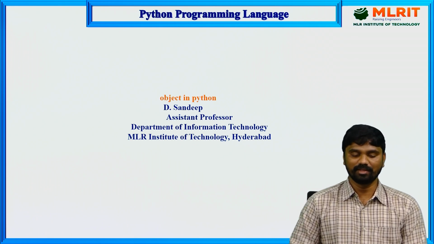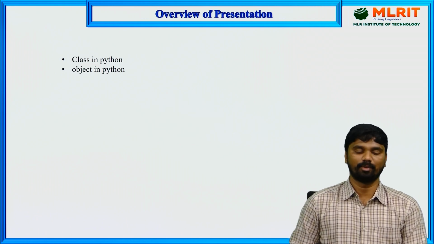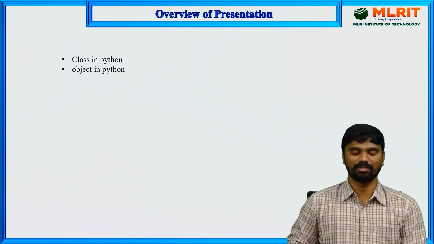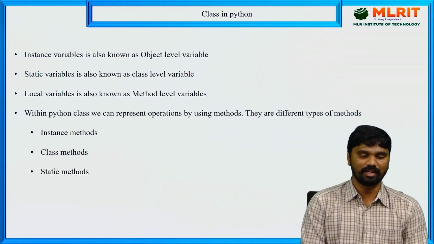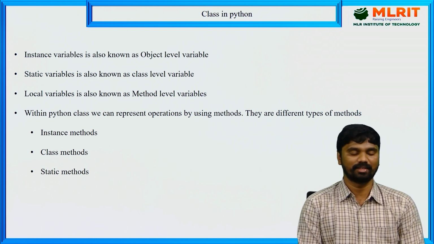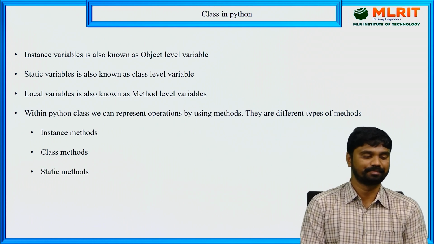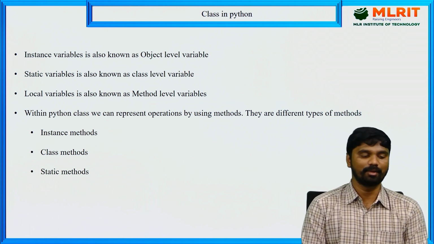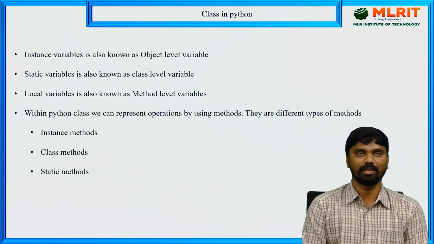Let me discuss objects, and also some concepts and statements about classes. As we discussed in the previous class, the types of variables inside a class are instance variable, static variable, and local variable.